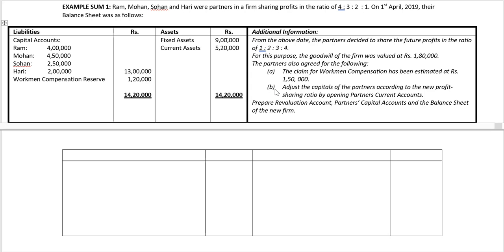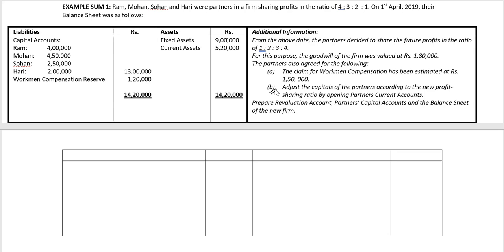Now point B over here, which says to adjust the capitals of the partners according to the new profit sharing ratio by opening partners' current accounts, tells us that it's an adjustment of capital sum because the capitals of the partners need to be adjusted in their new profit sharing ratio.